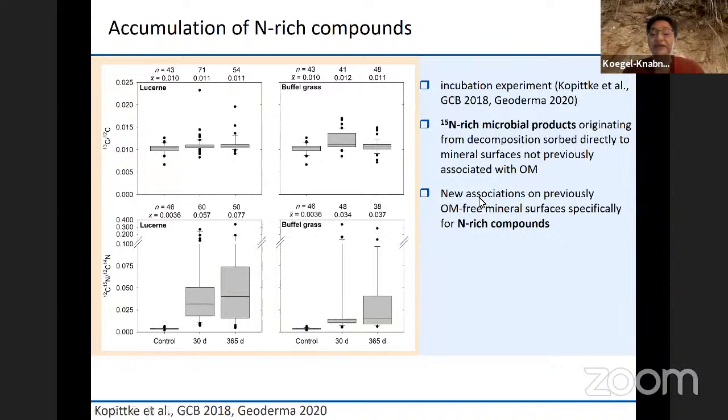And these new associations on previously organic matter-free mineral surfaces are specific for the nitrogen-rich compounds. So this experiment was 365 days, was much longer than our previous experiment that I showed.